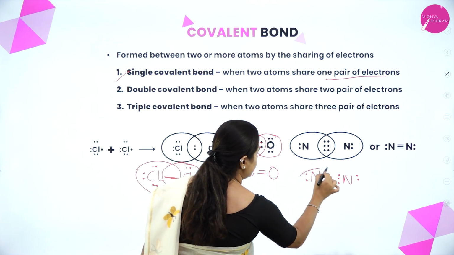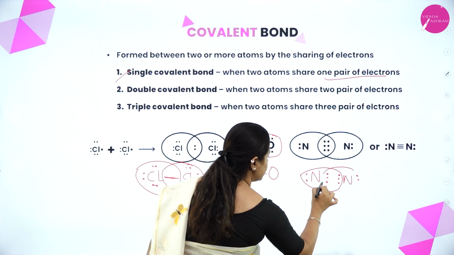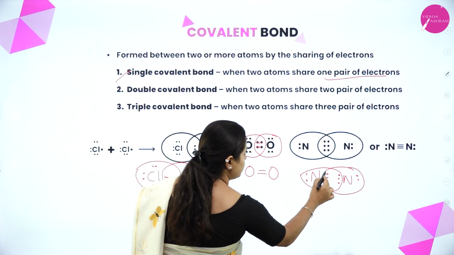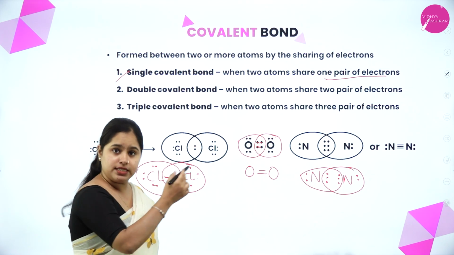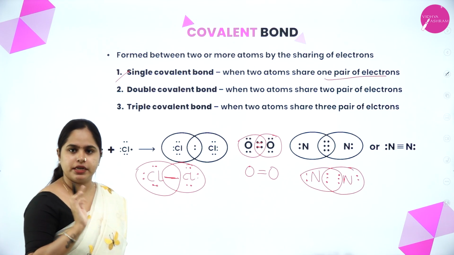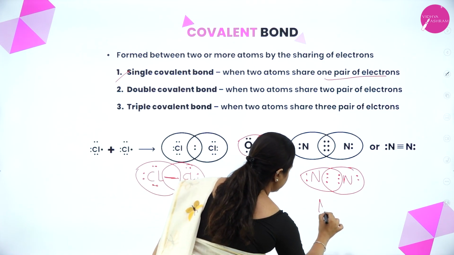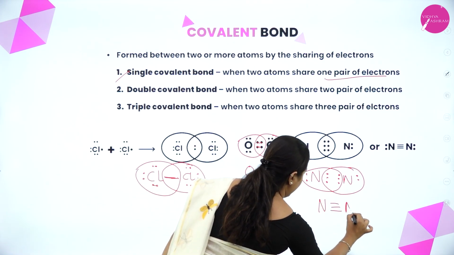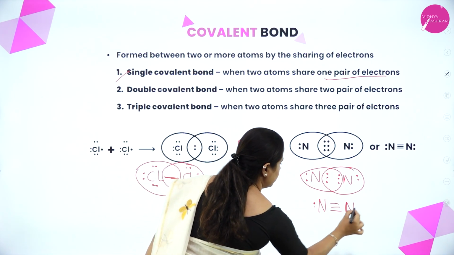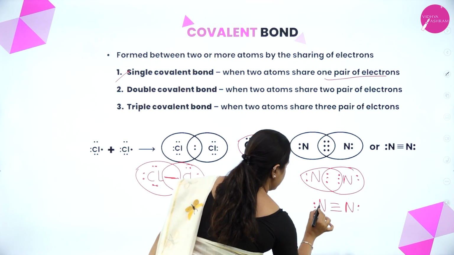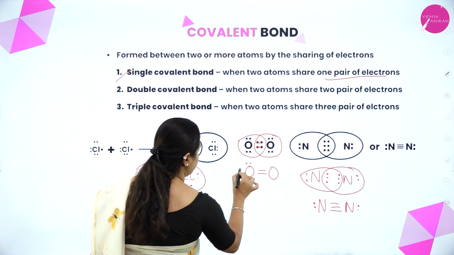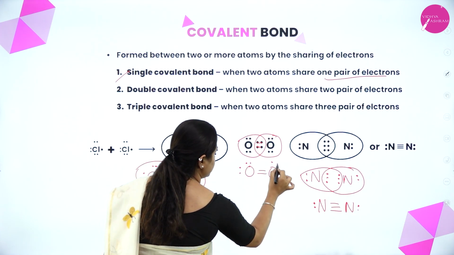So, both this nitrogen atom and that nitrogen atom attain octet, right? 1, 2, 3, 4, 5, 6, 7, 8. This nitrogen atom got 8 and in the same way the other nitrogen atom also attained its octet. So, how can you represent it? N triple bond N, right? And there will be 1 lone pair on each nitrogen atom. So, that is clear. Even in the oxygen, you have to represent these 2 lone pairs as well.